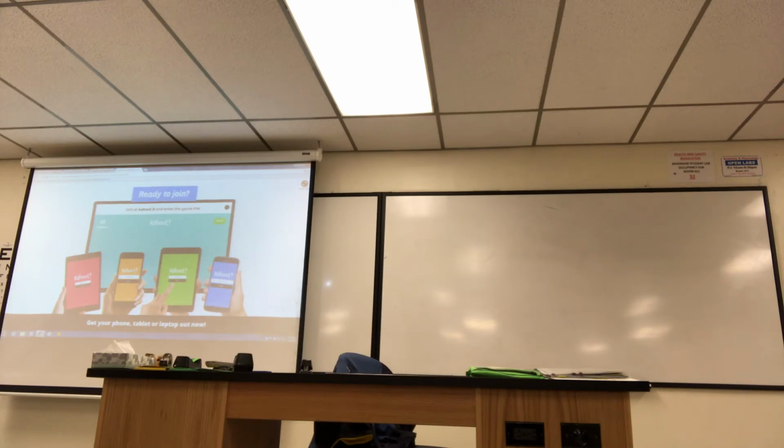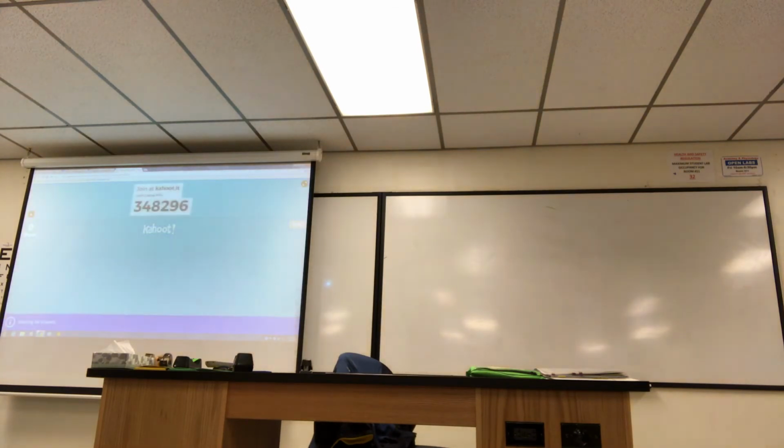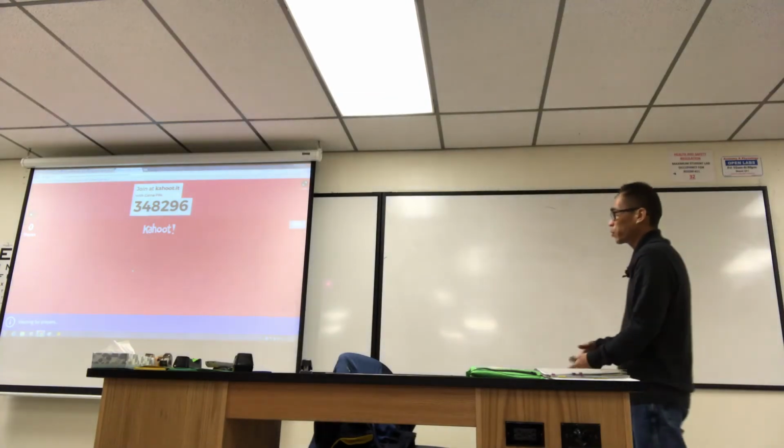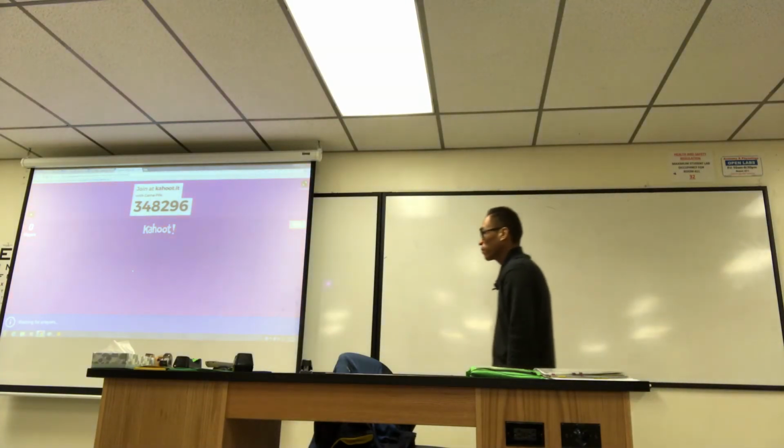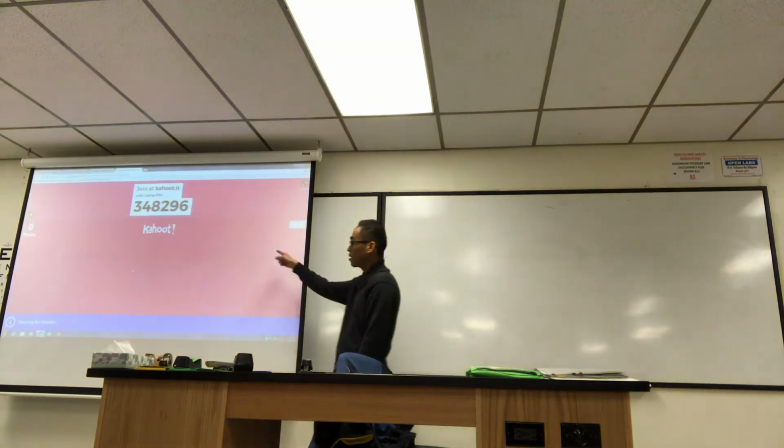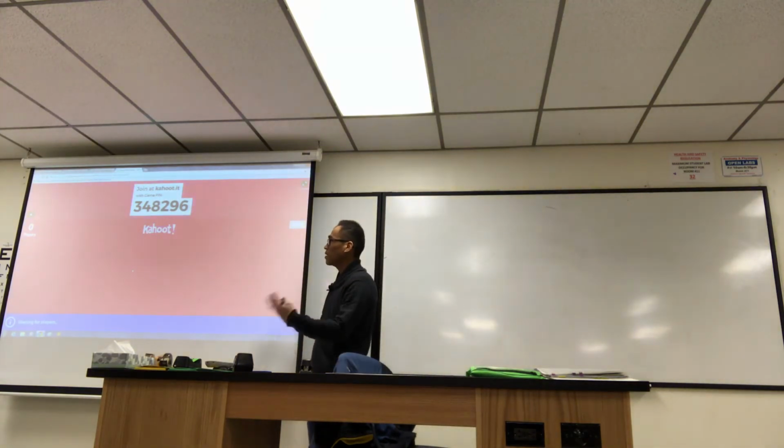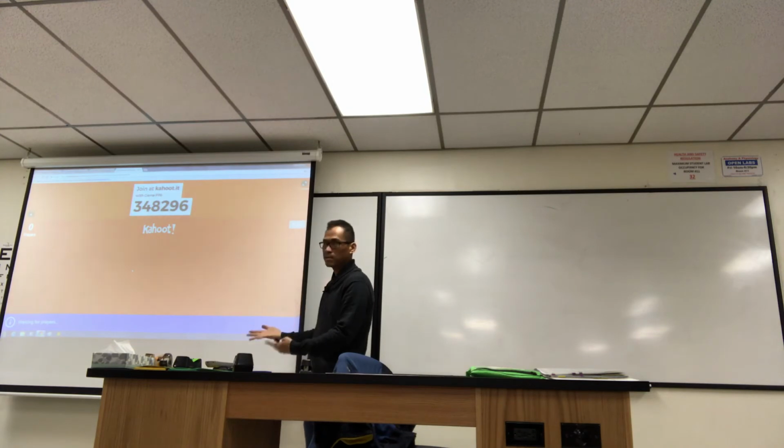So if you don't have a phone or a tablet, don't worry about it. To join, open a web browser, go to kahoot.it, and enter the PIN. You'll be asked for a nickname. You don't have to put your real name, but nothing profane. I usually wait till the high 20s, then I'll start, because I know not everyone has a phone with them.